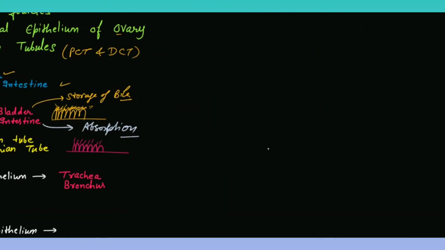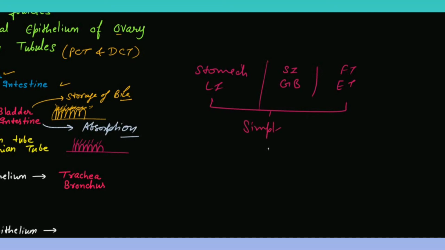So the stomach, small intestine, gallbladder, fallopian tube and eustachian tube all have simple columnar epithelium.